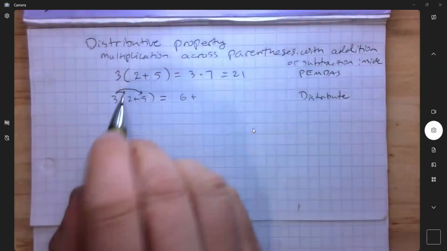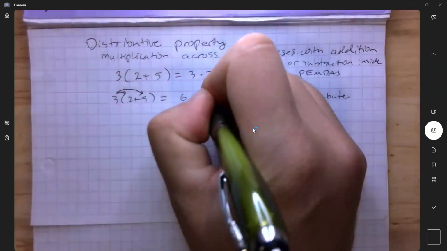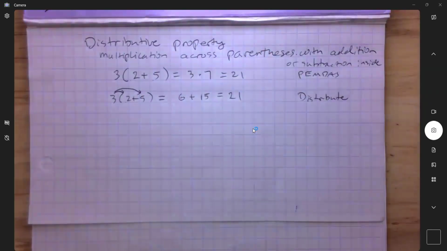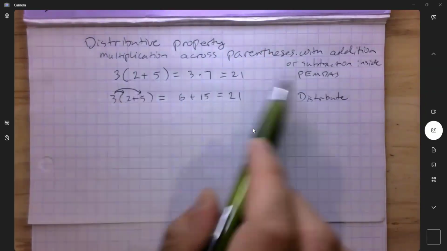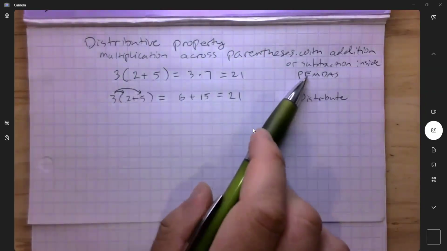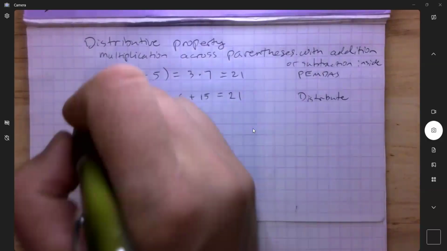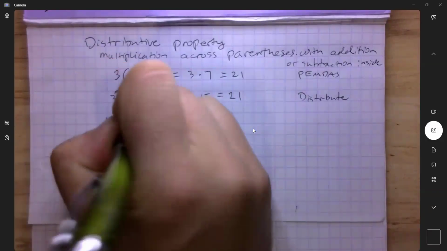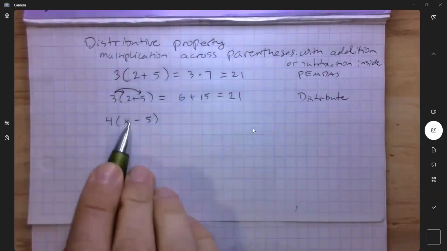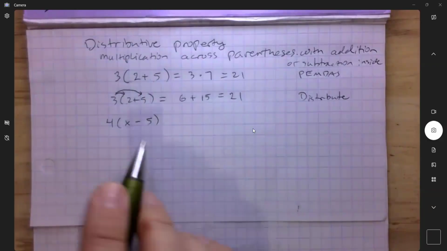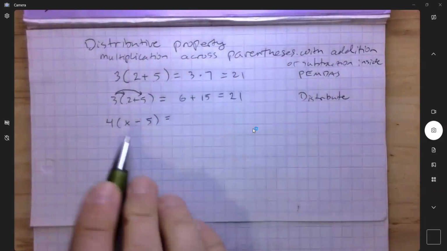And we get 6, 3 times 2, plus 15, 3 times 5, which is also 21. When we're working with pure numbers, I'm going to pick PEMDAS every time. It's just easier. But it's more often that we're going to work with variables and numbers, and I cannot combine these using PEMDAS. 5 and x, or x and 5, are different terms.